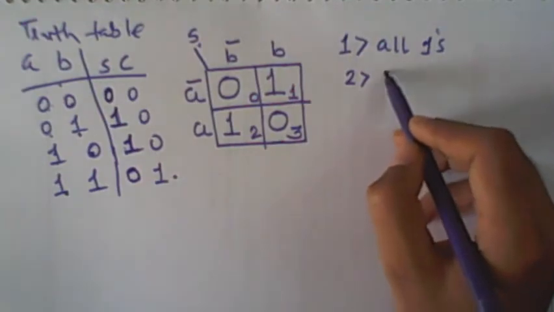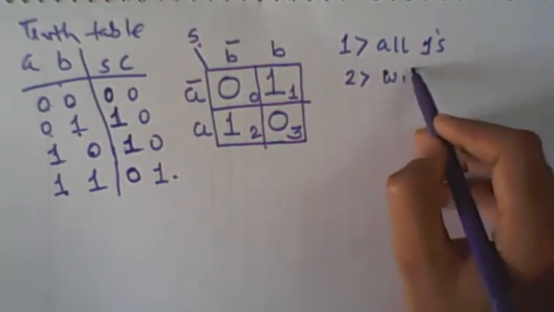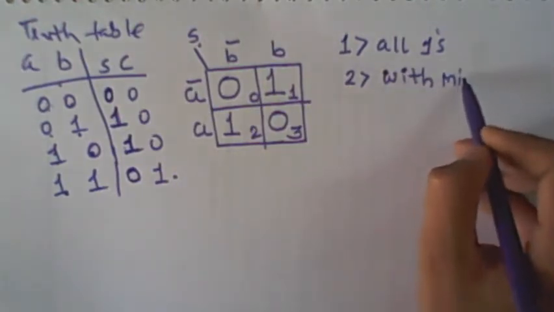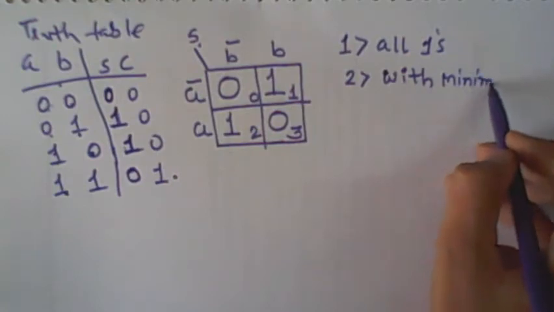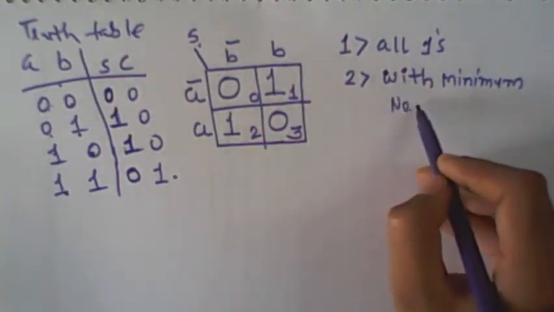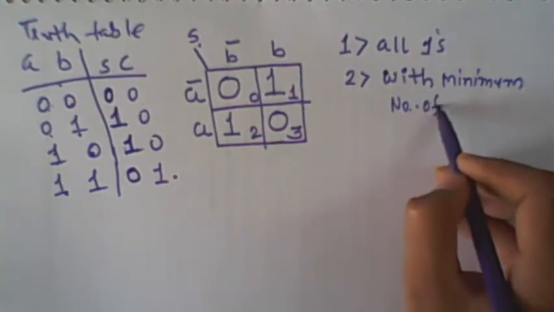Second rule is we have to cover all the ones with a minimum number of groups.